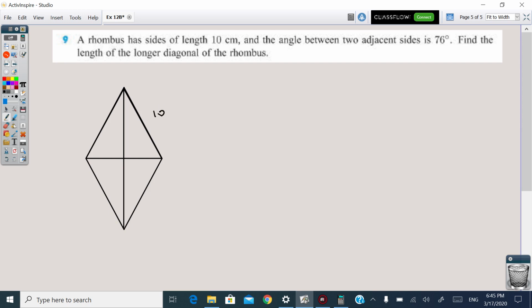So this is 10 centimeters, this is 10 centimeters, this is 10, and this is 10. We also know from our work at the beginning of the unit that the diagonals of the rhombus bisect each other at right angles.